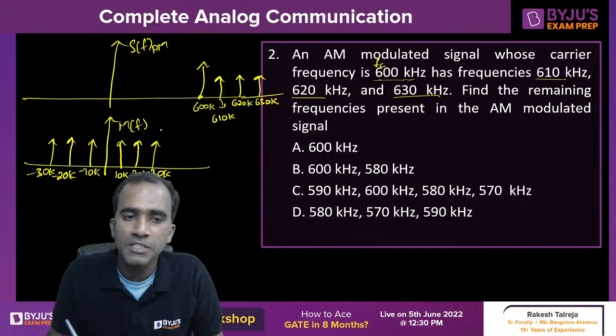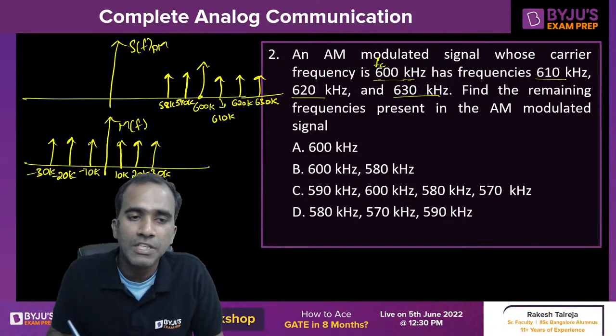So minus 10 kilohertz shifted by 600 is 590. For this impulse, the symmetrical one with respect to 600 is 590, and for this one, the symmetrical one is 580. Because this gap is 20, this gap also should be 20.